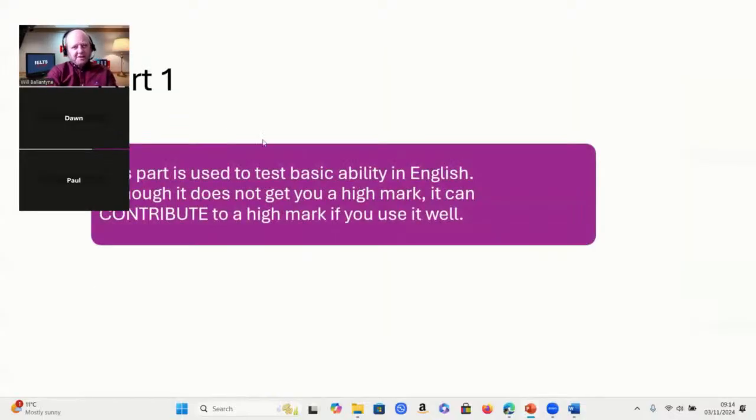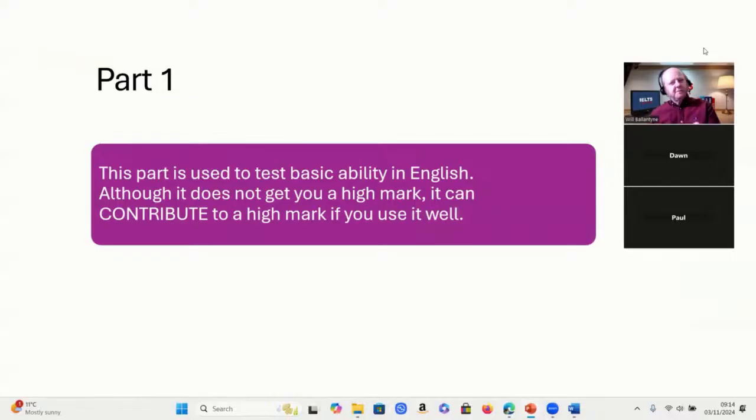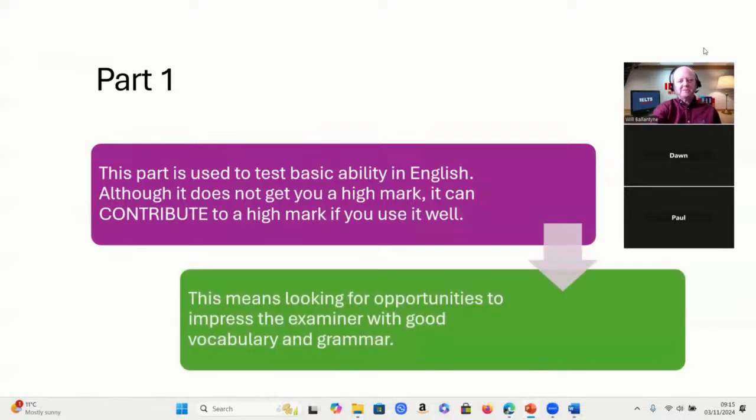So they're testing your basic ability. Whoops, I'm trying to move me again here. They're testing your basic ability in English in part 1, but you want to show him, basic, no problem, I can do higher. So although it doesn't get you a high mark, this can contribute to your high mark because it starts you off on a high note, so to speak.